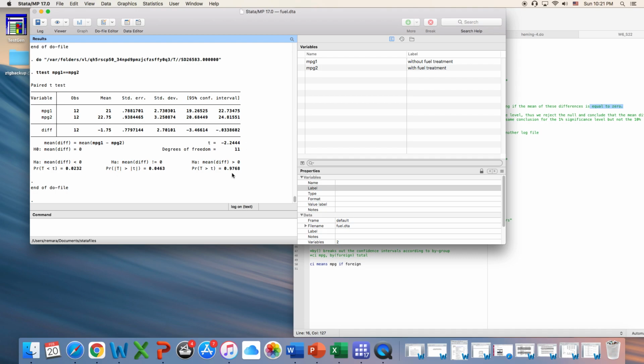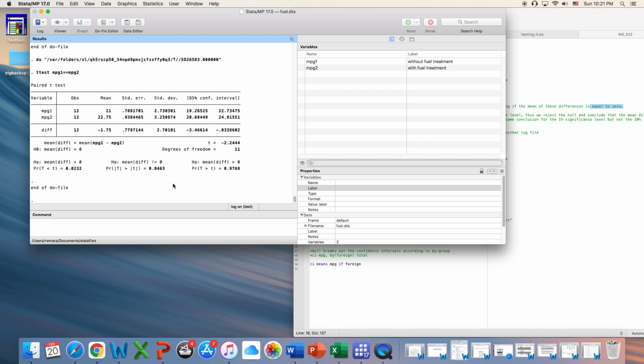If you look at the last alternative, there is a high probability because it's higher than 1%, 5%, 10%. It's 97.68%, higher than all significance levels, and it's telling us there is a high probability that the null is true. So in that sense, you fail to reject the null hypothesis that there is no difference between the two means.